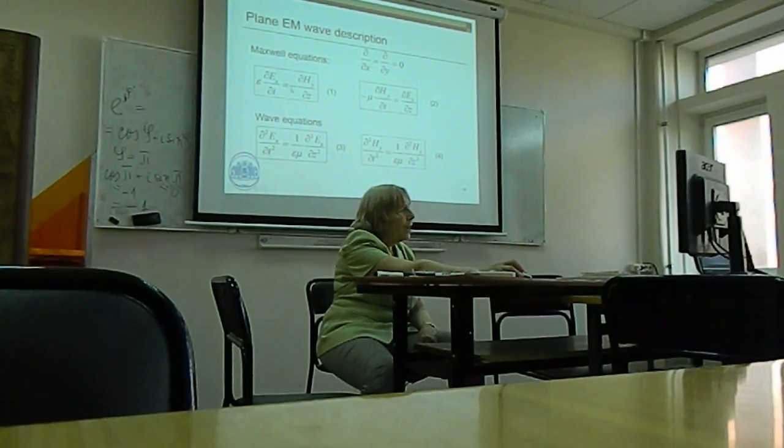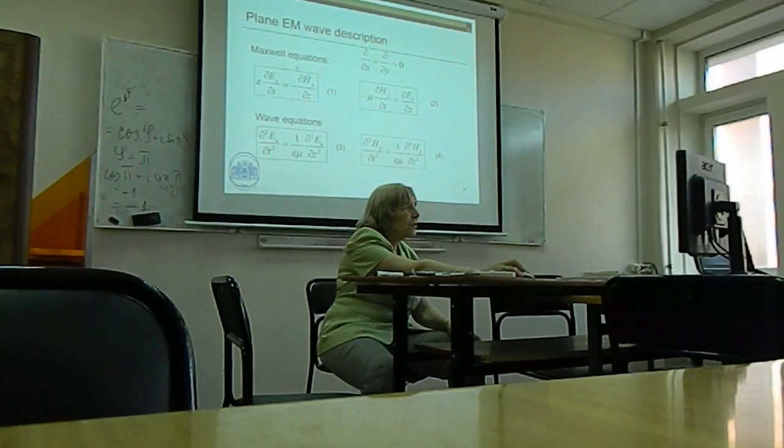If we take derivative with respect to time from this equation, then we will have the second order derivative with respect to time corresponding to electric part, and on the right side we will have derivative with respect to coordinate and with respect to time.